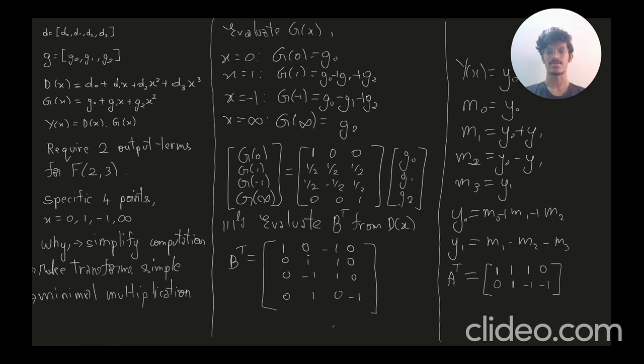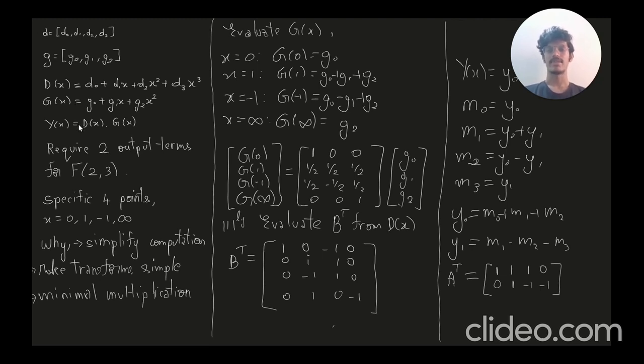This is just an introduction. If we write them as polynomials, we've got d of x equals d0 plus d1 x plus d2 x squared plus d3 x cubed, and similarly for g of x.